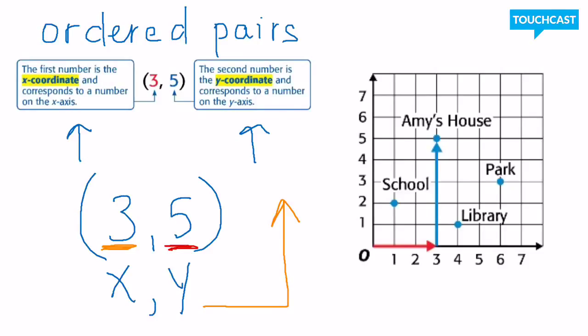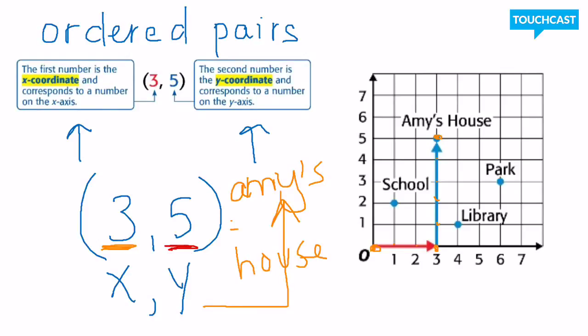First, I'm going to move my x-coordinate 3. I always start at the origin, 0, 0, and I count 1, 2, 3. Now I'm going to count up 5 on the y-axis: 1, 2, 3, 4, 5. So Amy's house is at coordinate 3, 5. Just remember, with ordered pairs, the x-coordinate always comes first, then the y-coordinate.